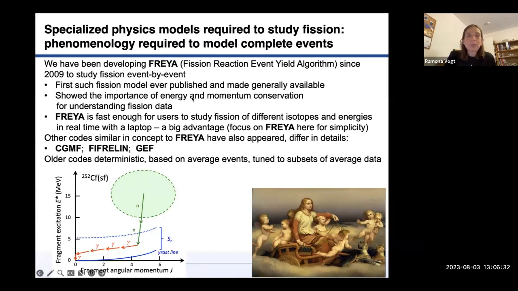And this was the first fission model that was ever published and made generally available. And basically, everything that I described is governed by conservation of energy and momentum. And you can really go a long way with the conservation of energy and momentum. It can explain a lot.